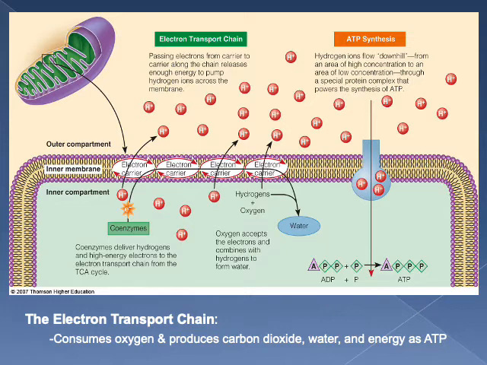And then ATP is synthesized when hydrogen ions are flowing downhill from an area of high concentration to an area of lower concentration through a special protein complex that therefore powers that synthesis of ATP. And you can look below how ADP combined with a phosphate group forms ATP.